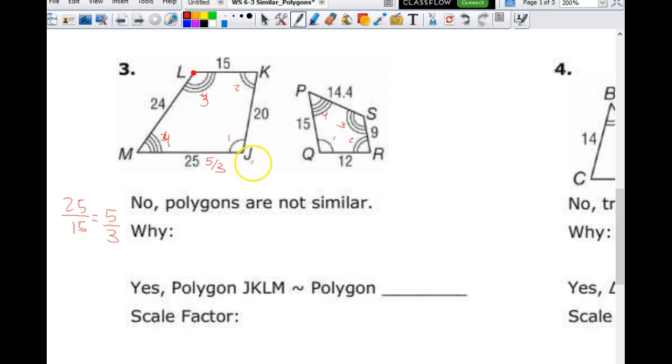Let's look at this one. We're going to have 20 and, well, this is 1 and 2, right? 1 and 2 is 12. So that's going to be 10 and 6, which is the same as 5 and 3.